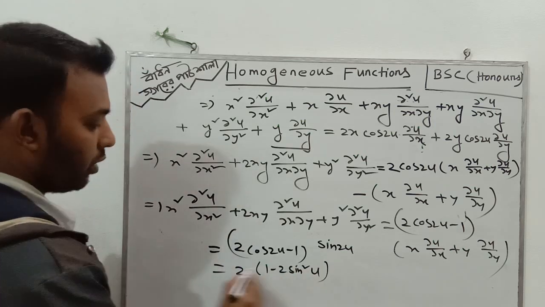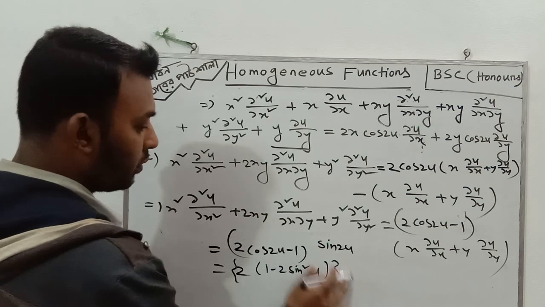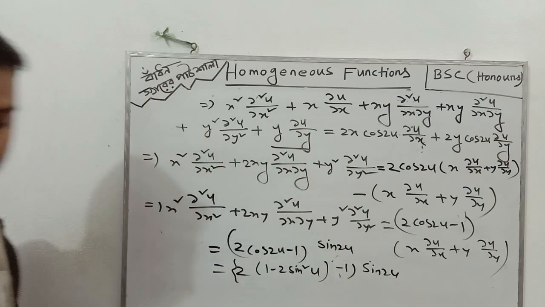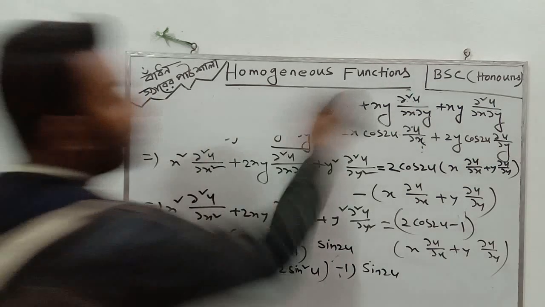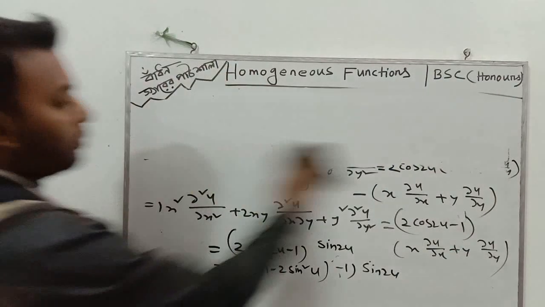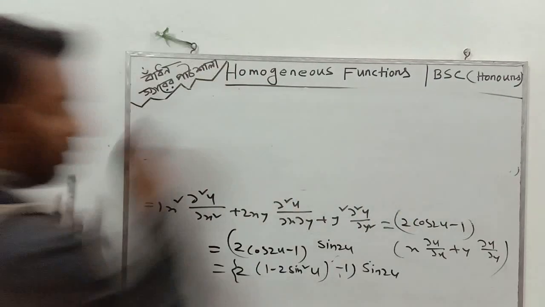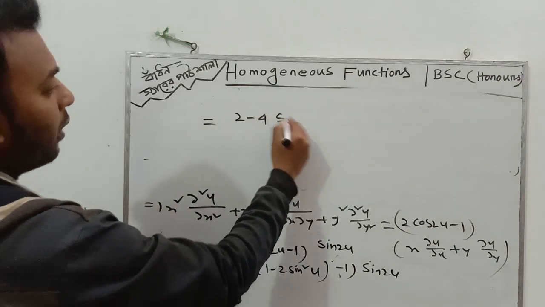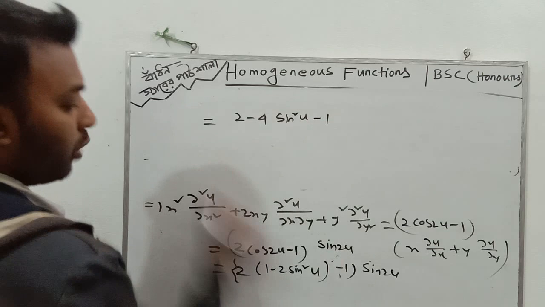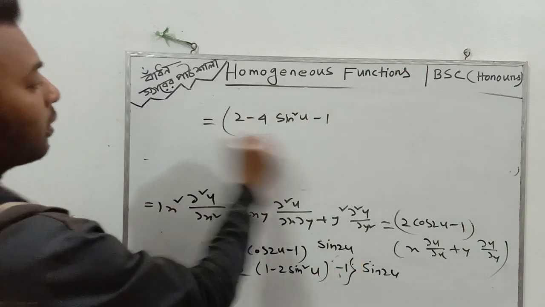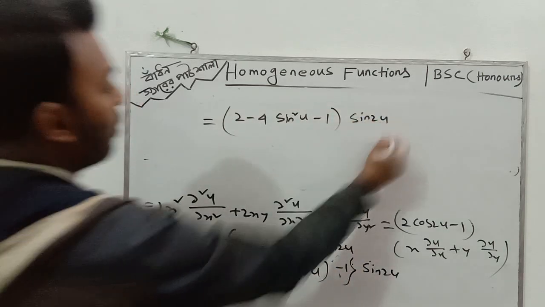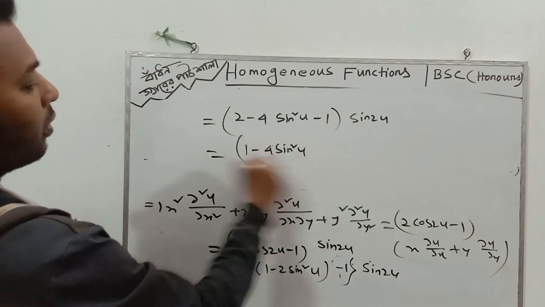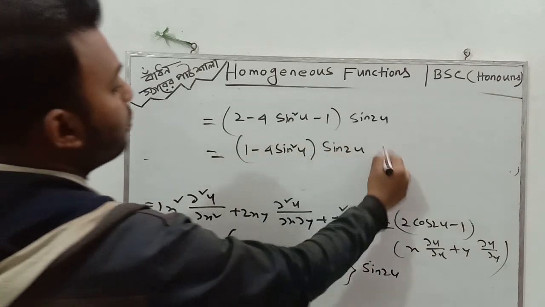That means 2(1 minus 2 sin² u) minus 1, times sin 2u. So we can write 2 minus 4 sin² u minus 1, sin 2u. So we can write (1 minus 4 sin² u) sin 2u. Proved.